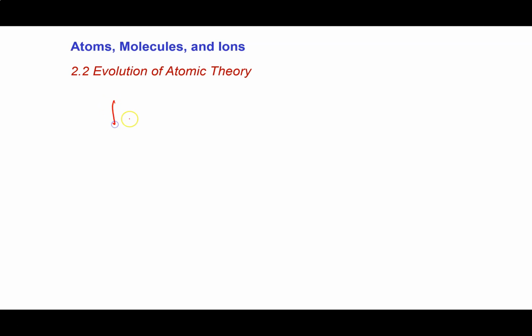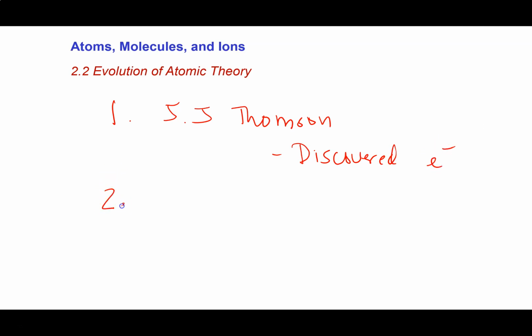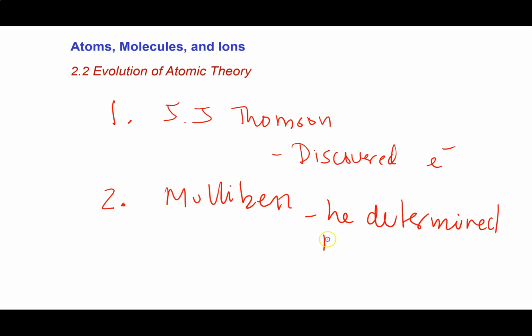The first one, I'm going to talk about all of these, is J.J. Thomson, and he discovered the electron. The second really important experiment is by a guy called Millikan, and he determined the mass and charge of electrons.